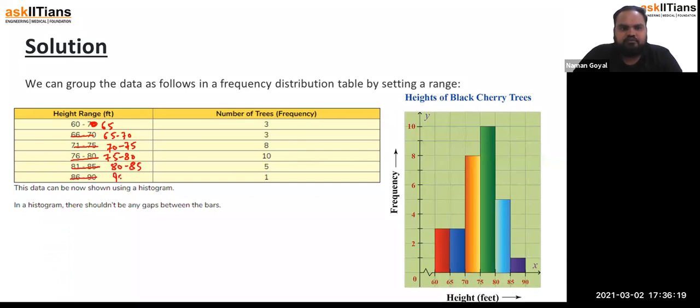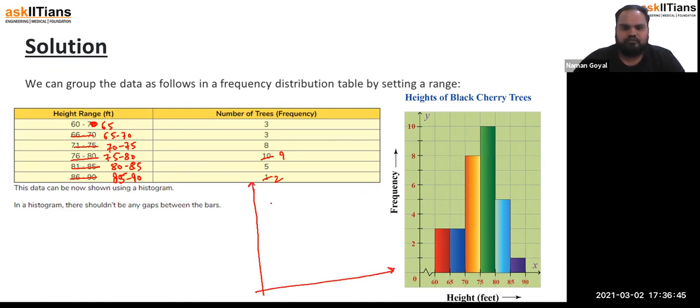And this is 85 to 90. Now regarding frequency: 3, 3, 8, 9, 5, 2. This is 9 and this is 5 and this is 2. Now we are going to draw the histogram with this table. Now see.